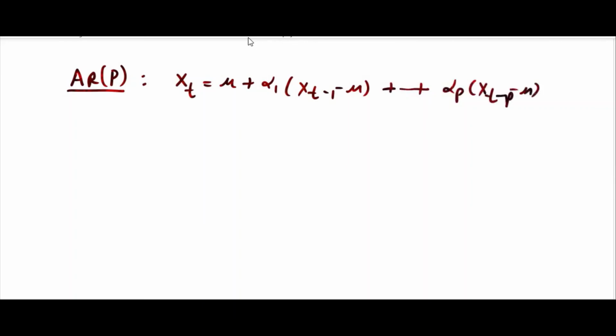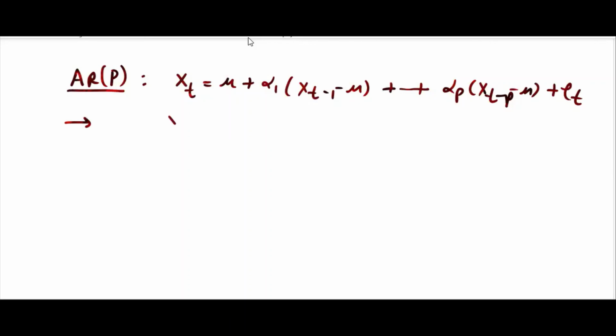So if you remember AR(p), we wrote this way, the general one: xt is equal to mu plus alpha 1 (xt minus 1 minus mu) plus ... plus alpha p (xt minus p minus mu) plus et. This was AR(p) process.